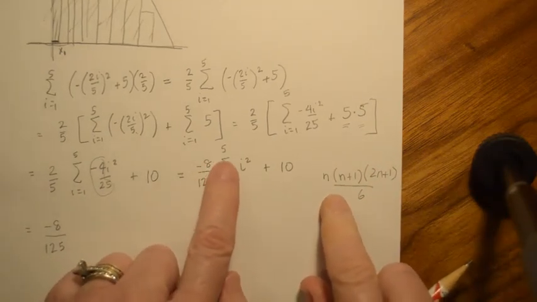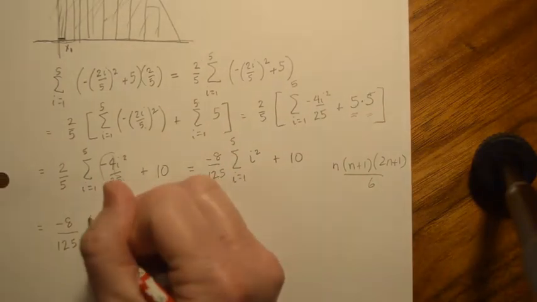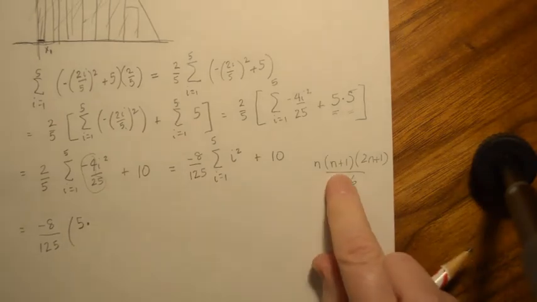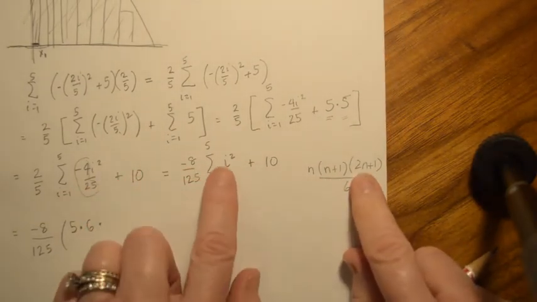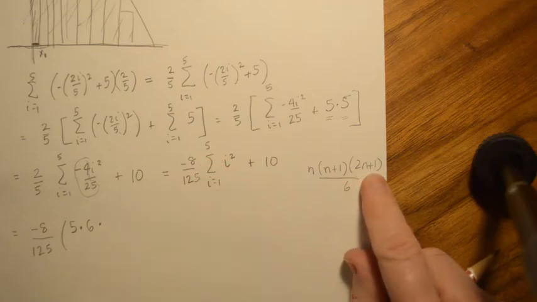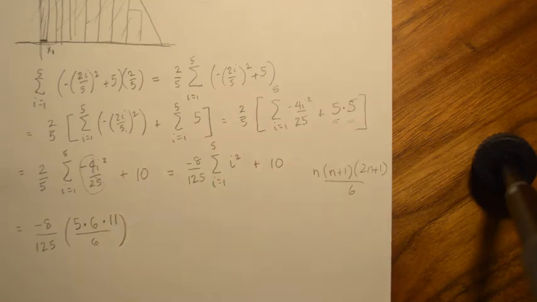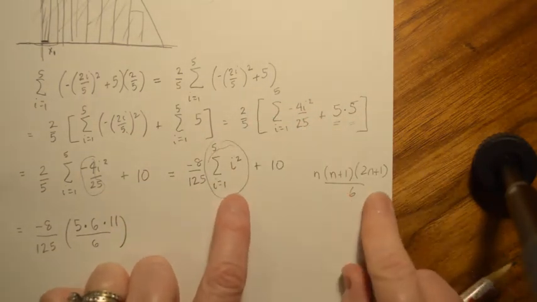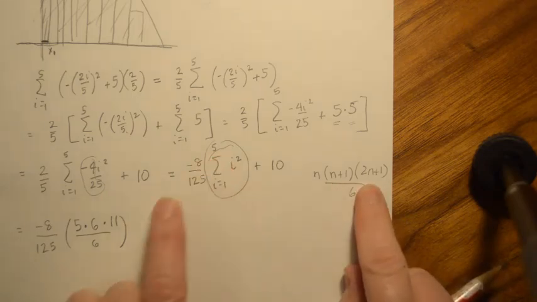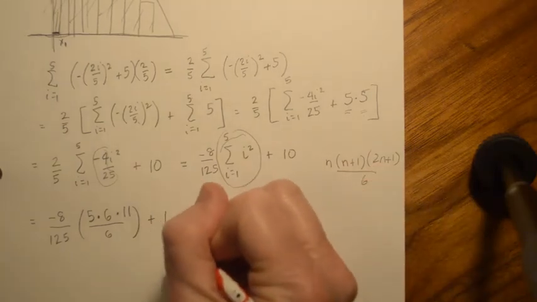In our case, n is 5. So this is just going to be 5 times 5 plus 1, which is 6, times 2 times 5 plus 1, which is 11, over 6. So I replaced this with the version that substitutes 5 in. Here we've got 5 times 6 times 11 all over 6, and then I still have this plus 10.